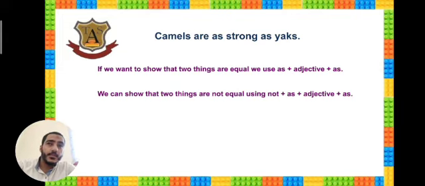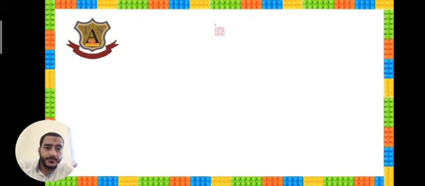If I said Muhammad is not as tall as Mahmoud, that means Mahmoud is taller. Okay? Mahmoud is taller than Muhammad. Very good. Next, let's see some examples.